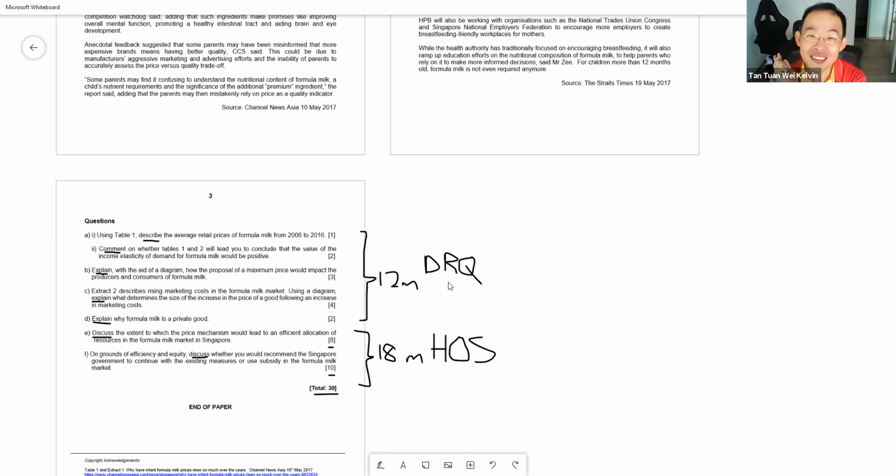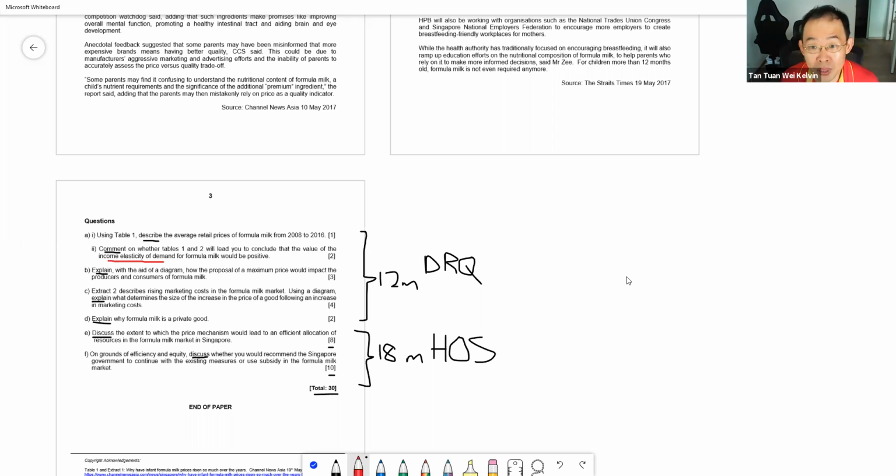So there will be some questions where the econs concepts are pretty clear. They will actually state to you what is the econs concept that they are trying to test you. For example, let's look at part A part 2. For A part 2, they spell out the econs concept, which is income elasticity of demand.